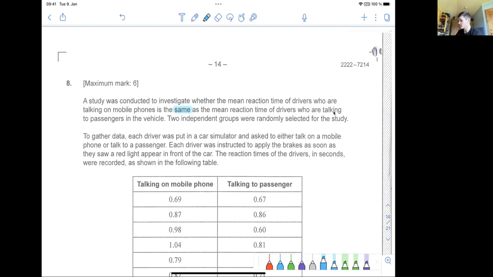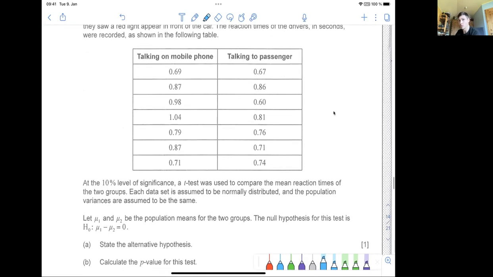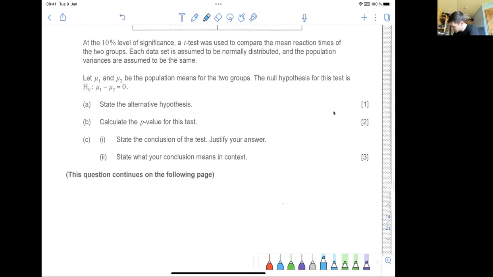All this is asking is whether they're the same. So regardless of whether one's less or more than the other, it doesn't matter. We just want to show whether they are the same or not the same at this 10% level of significance. So alternative hypothesis, we'll highlight that.